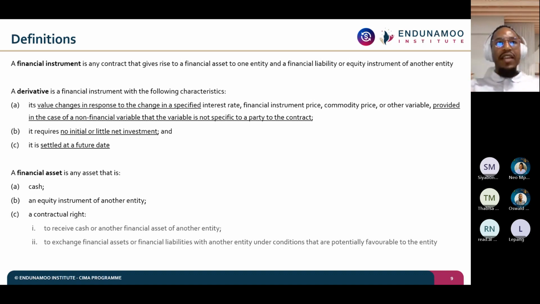Just now, we spoke about the fact that a financial instrument is a contract that gives rise to a financial asset in one entity's hands and a financial liability or equity instrument in another entity's hands. Let's now define what a financial asset is. A financial asset, by definition, is any asset that is cash or an equity instrument of another entity. So when we talk about an equity instrument of another entity, we are talking about the entity that is holding this financial asset, and the financial asset is a share in another entity.